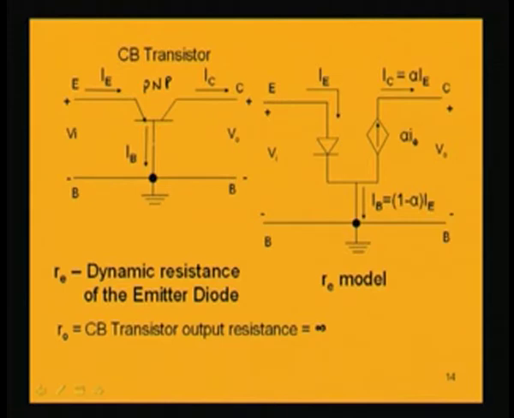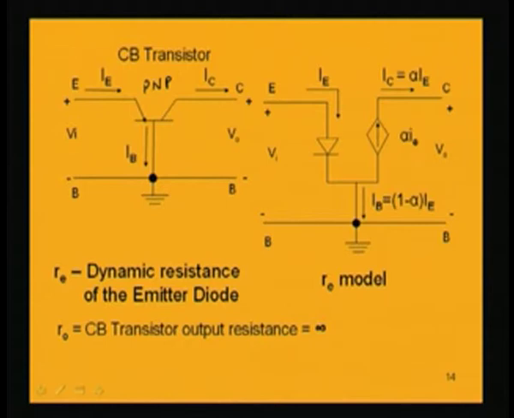Now, in order to find this common base transistor's equivalent model, we have to consider the emitter to base part of the transistor as a forward biased diode. It is nothing but a forward biased diode. The emitter base junction is forward biased in a transistor, the collector base junction is reverse biased in a transistor.